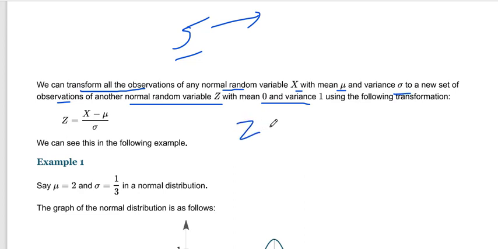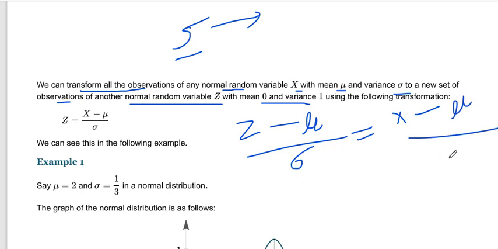Here we write z is equal to x minus mu upon sigma. For the z random variable, mu is 0 and variance is 1, so z is equal to x minus mu upon sigma.